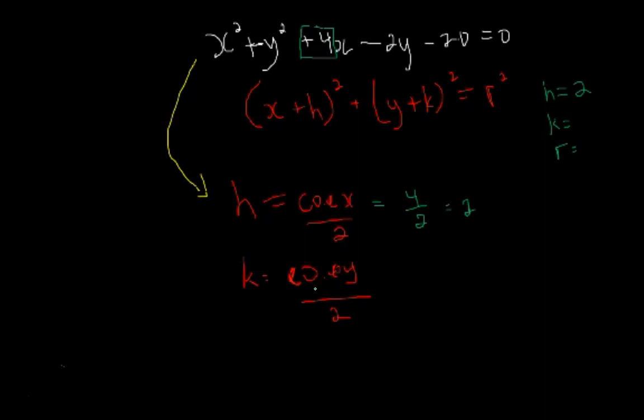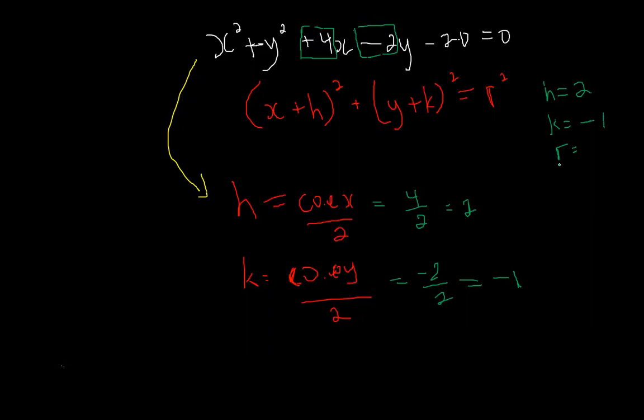K is the coefficient of y divided by 2. The coefficient of y in this case is not just 2, it's minus 2. So minus 2 divided by 2, k is equal to minus 1.